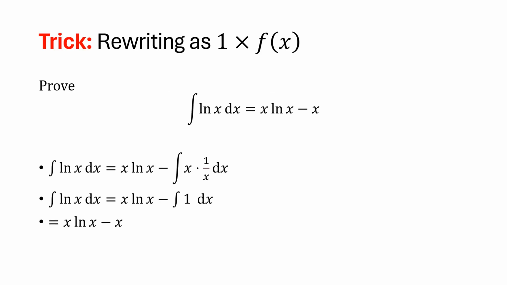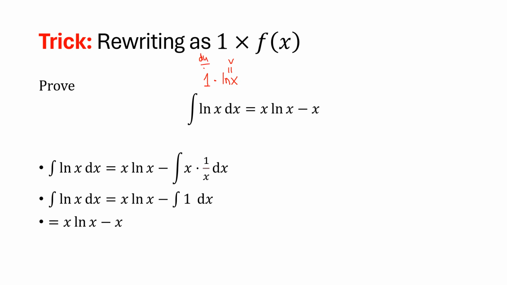Consider the following problem where we want to integrate ln x. To do this question, we're going to write ln x as 1 times ln x and choose the appropriate variable. Here, since we do not know what the integral of ln x is, we're going to define ln x to be our v, as we do know how to differentiate ln x.